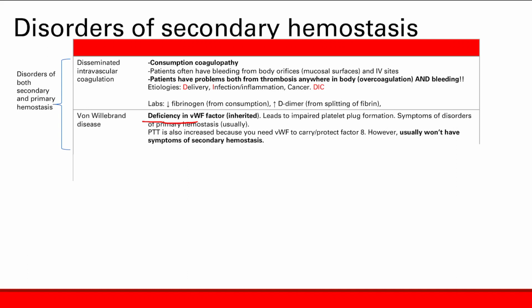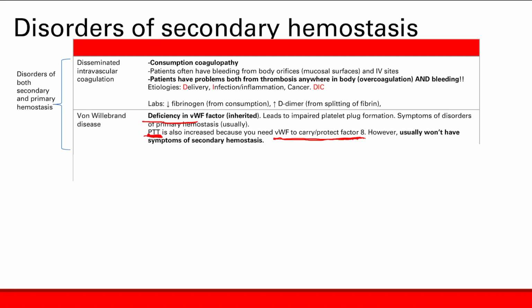The other thing to note is that there's also an increase in PTT because you need von Willebrand factor to carry and protect factor 8. Okay, remember PTT was part of the intrinsic pathway. It shows you there's a problem in the intrinsic pathway, because if you have decreased von Willebrand factor, you can't carry or protect factor 8, so you have a problem in that intrinsic pathway. However, you usually won't have symptoms of secondary hemostasis.